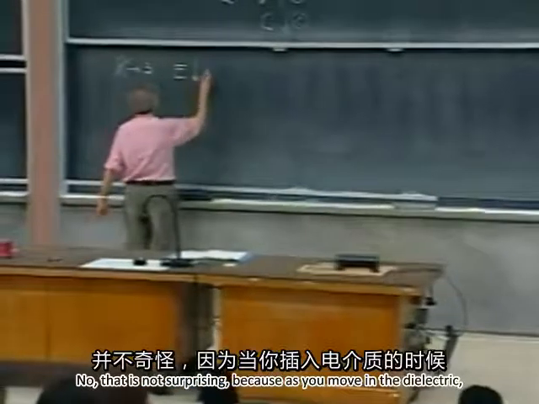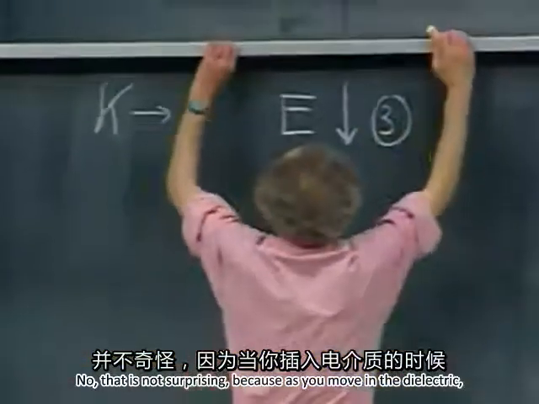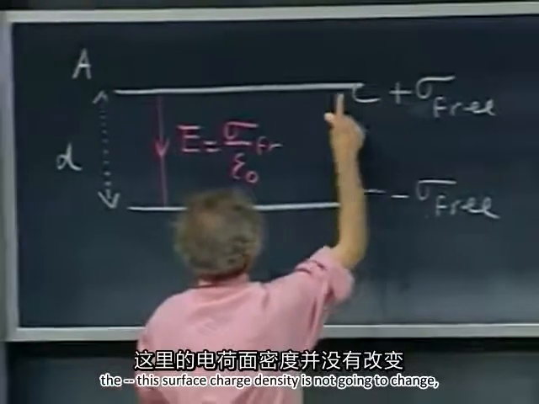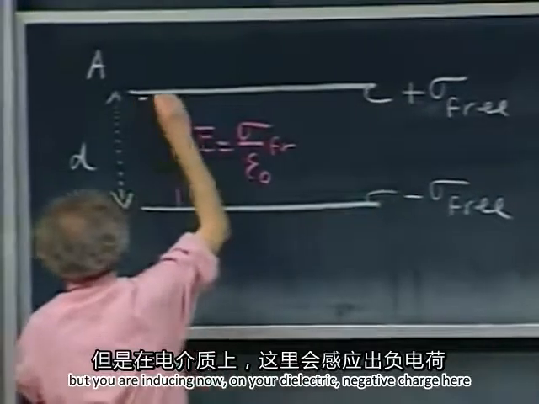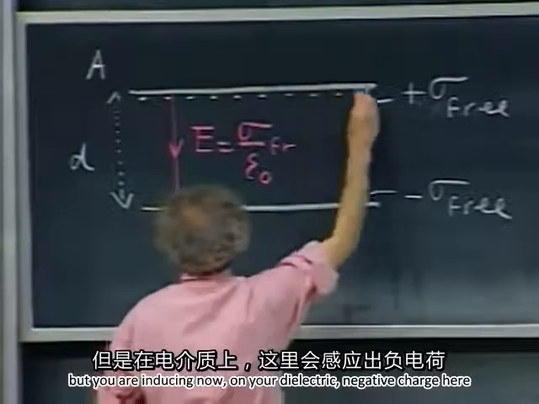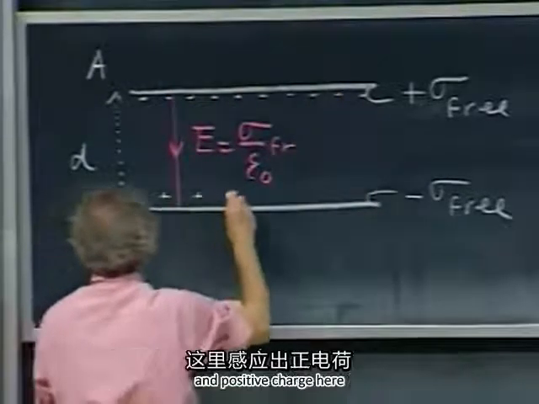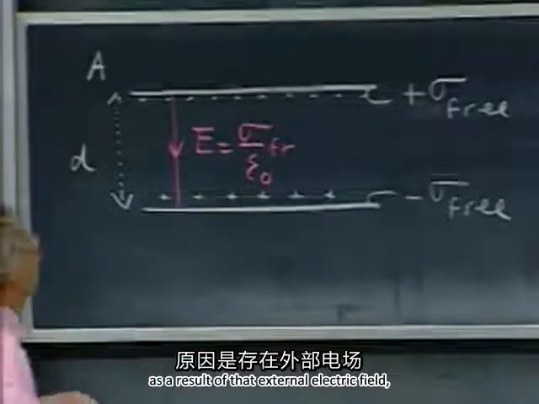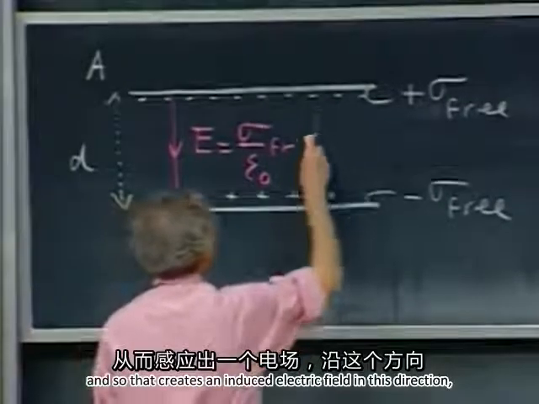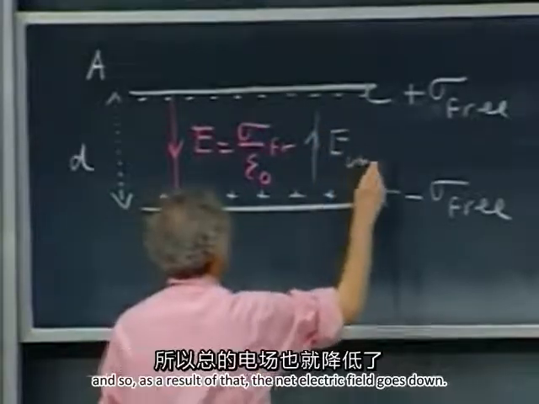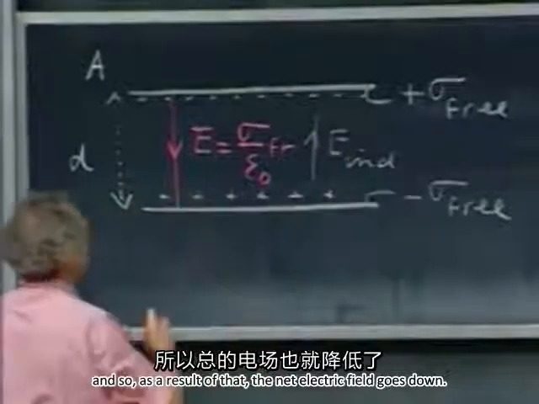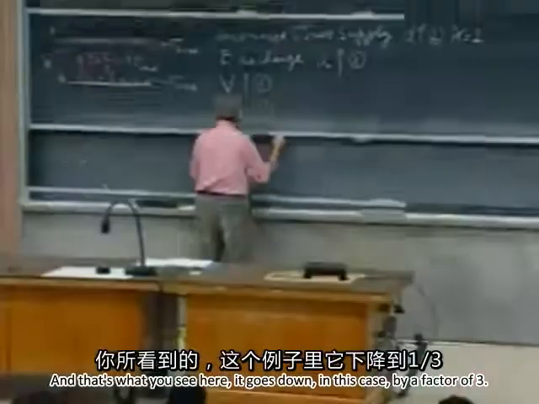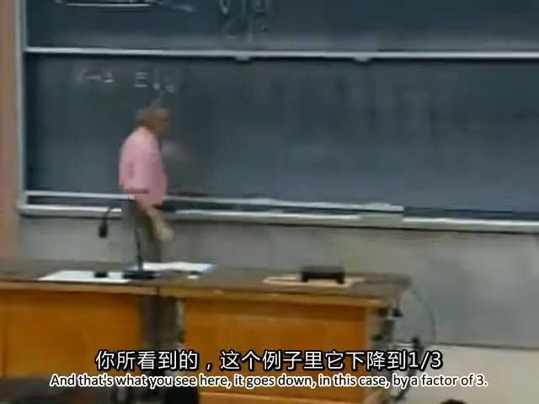No, that is not surprising, because as you move in the dielectric, this surface charge density is not going to change, but you are inducing now on your dielectric negative charge here and positive charge here as a result of that external electric field. And so that creates an induced electric field in this direction. And so as a result of that, the net electric field goes down. And that's what you see here. It goes down in this case by a factor of 3.